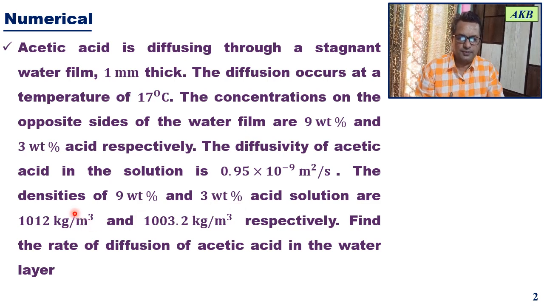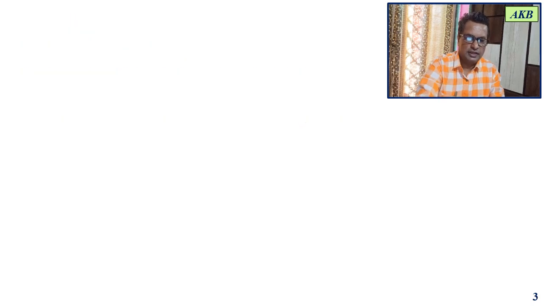For the 9 weight% solution, it is 1012 kg per meter cube, and for the other solution, which contains 3 weight% of acetic acid, the density is 1003.2 kg per meter cube respectively. With all this information, we are supposed to find out the rate at which acetic acid diffuses through the stagnant layer of water. Let us go and solve this example.